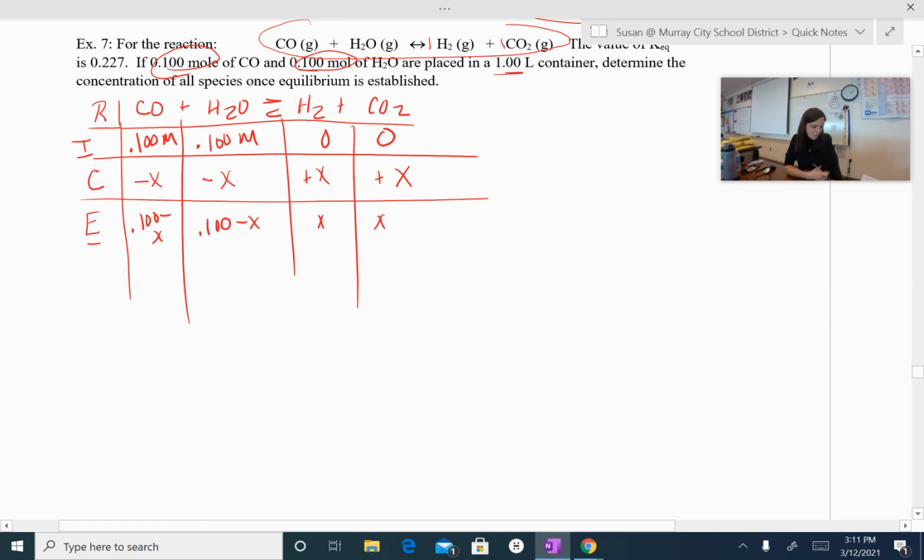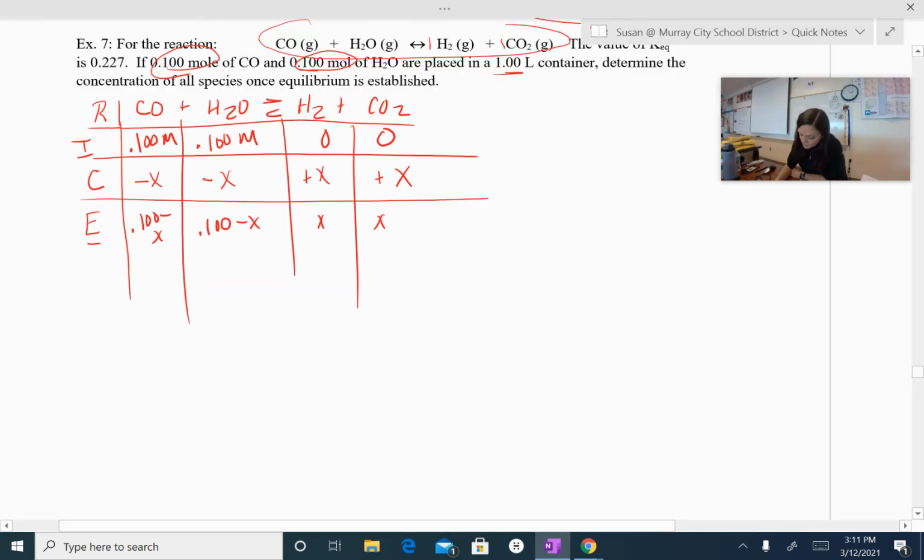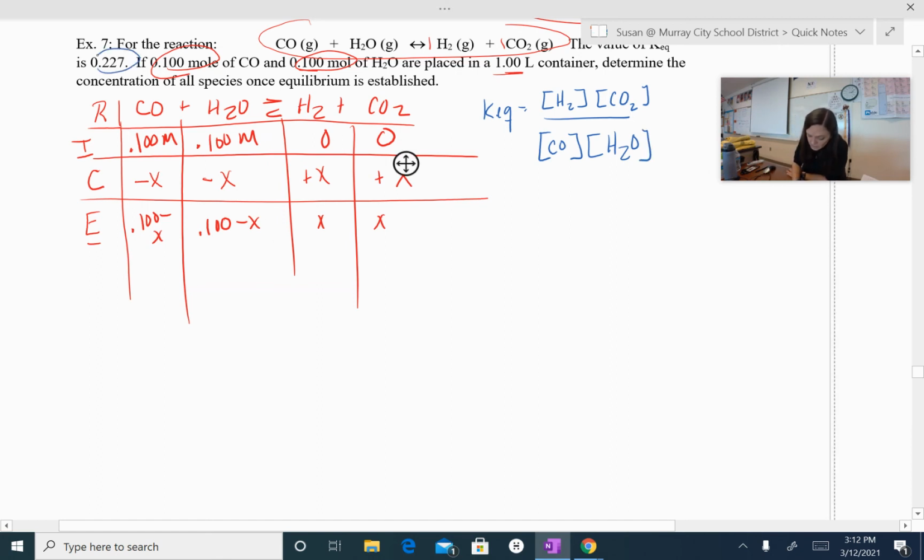Okay? So let's make our equilibrium expression here. We have our products on top, we have hydrogen and carbon dioxide, and we don't have to really worry about exponents because we have no coefficients here. Carbon monoxide and water on the bottom. Okay, so we're going to start plugging in values. My equilibrium constant is 0.227.